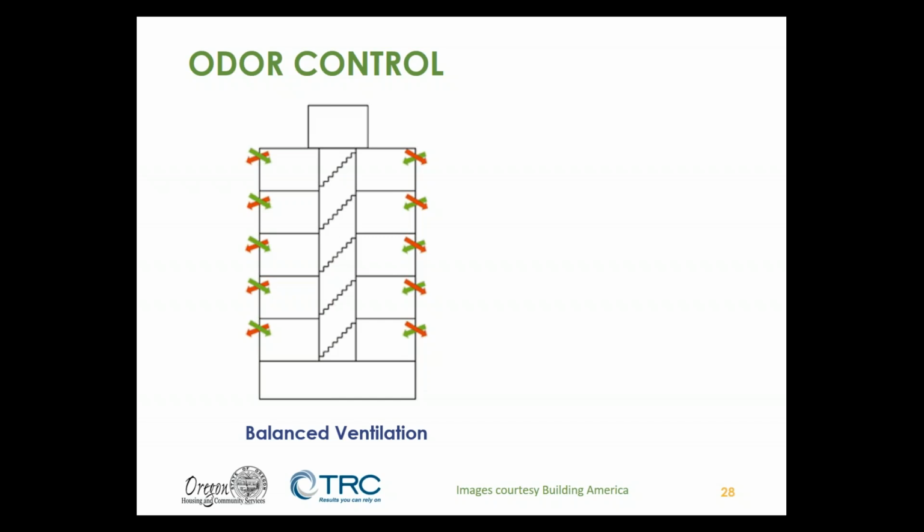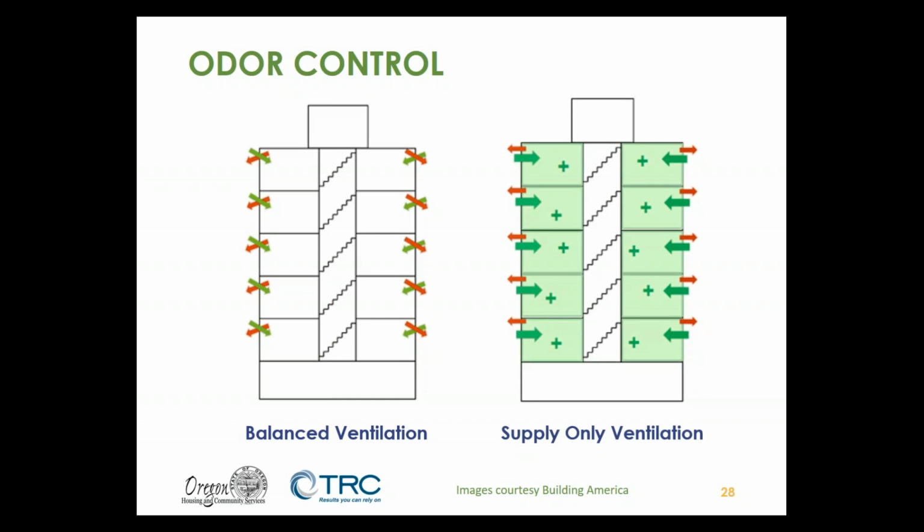It's not crossing into your neighbors. Big value there. In supply only, you still have the chance of a little bit of crossover between the units because of slight imbalances between how positively pressured each unit is, as well as what's going on in the hallway.